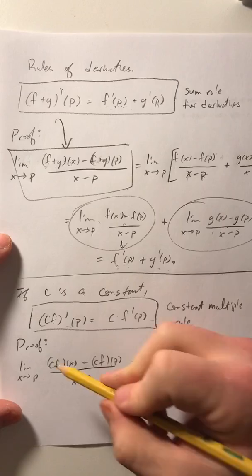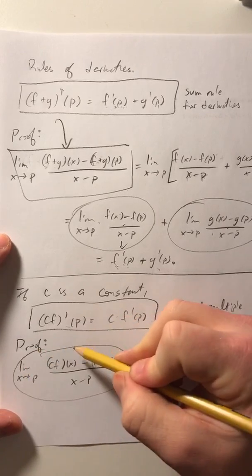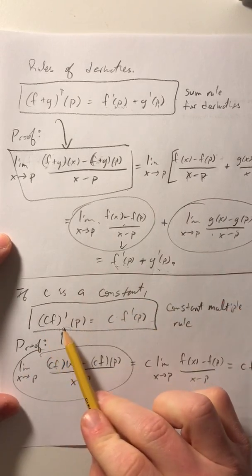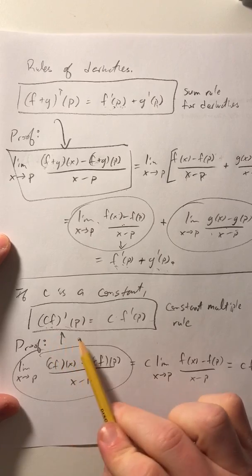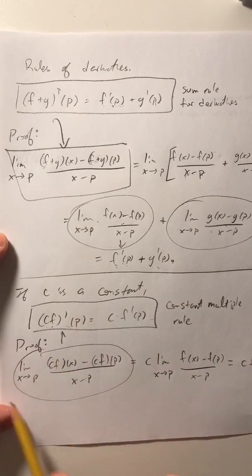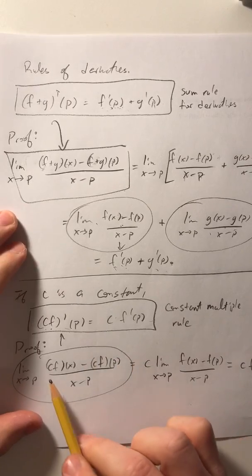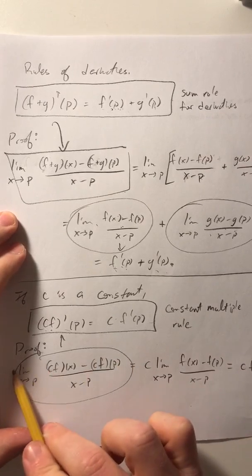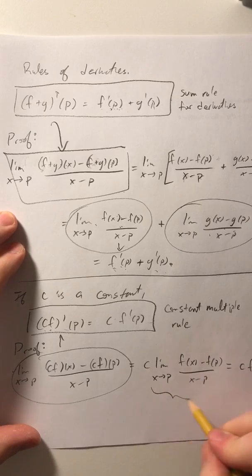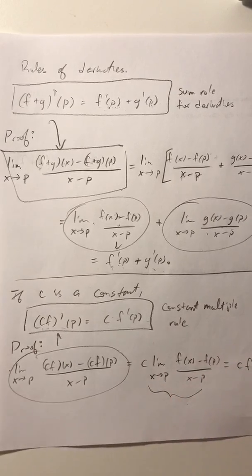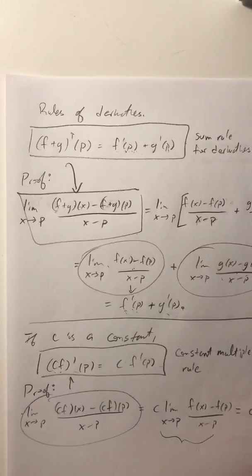The proof is, I start out with this difference quotient. This is the definition of the derivative of c times f at p. So this entire thing is the definition of this derivative. I can use my limit properties again, pull the c out of the limit, and then this is the definition of f prime of p. So these two rules for derivatives follow very easily from corresponding rules for limits.